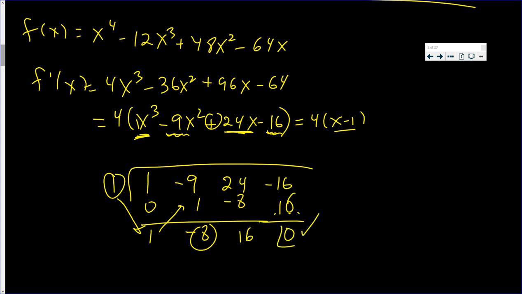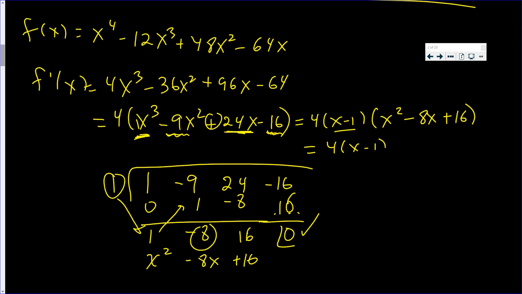This tells me the other factor is x squared minus 8x plus 16. Now, can I factor that one? The answer is yes. Half of that number is negative 4. And when I square that, I get 16. So it's x minus 4 squared.